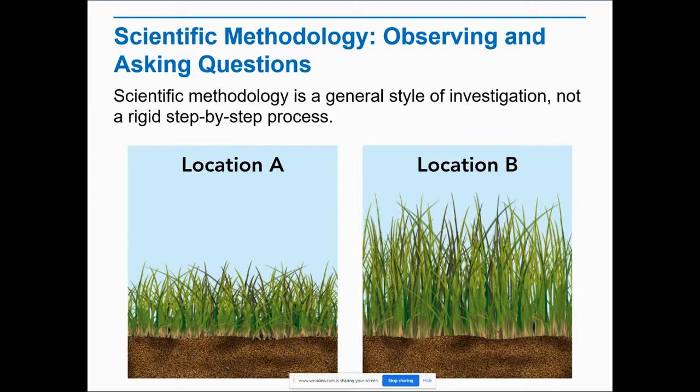And that would be something that you could then study. So that is a simple scientific question, and that's kind of where the scientific methodology begins. First with an observation, grasses in location A are shorter than location B, and then a question. Usually the question is a why question. Why is location A growing shorter grass than location B?